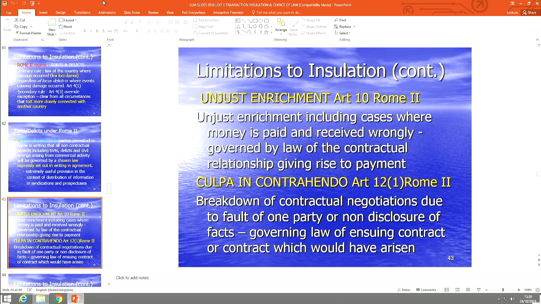And if English law or New York law was intended to be used, that law will control whether there's liability for breakdown.